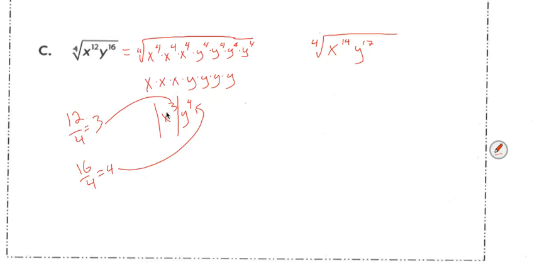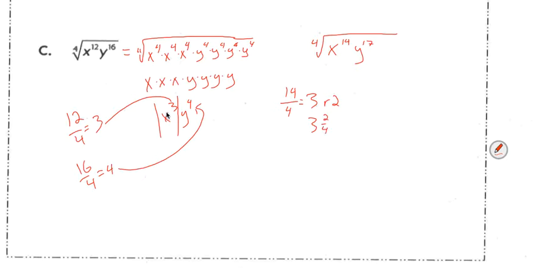You can just break it up into x to the 4ths and y to the 4ths. But if we use the divided-by-4 trick, if we do 14 divided by 4, you want to think of this with remainders. I know we don't usually write this with remainders, but you want to know how many x's are left over. So this would be 3 with a remainder of 2, or 3 and 2/4.